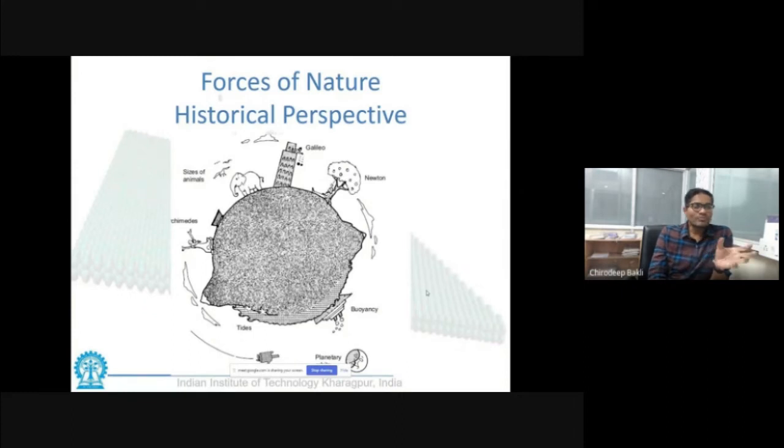These are three of the most important discoveries about the forces of nature, and give or take, they are mostly talking about gravity.